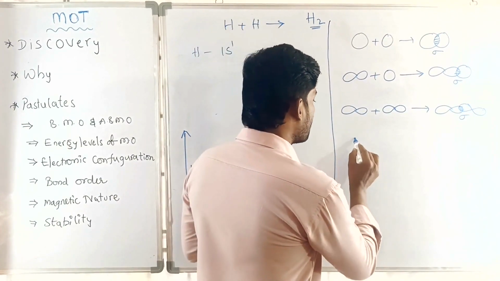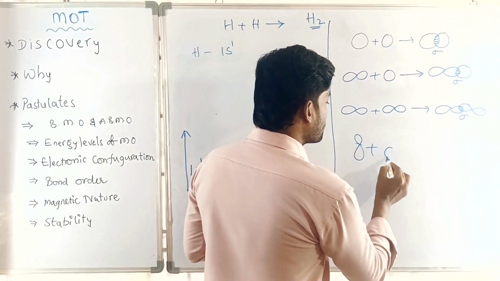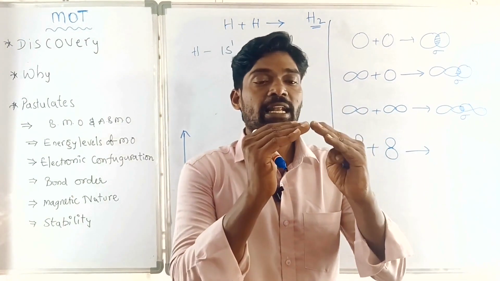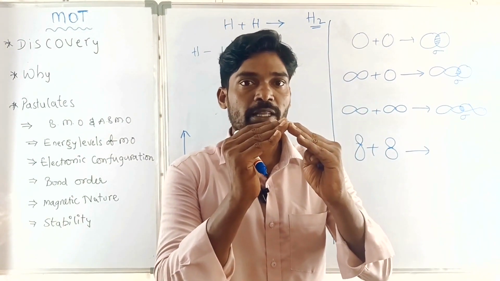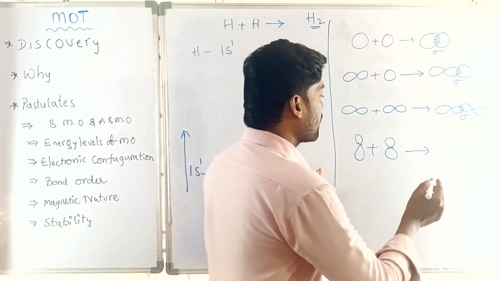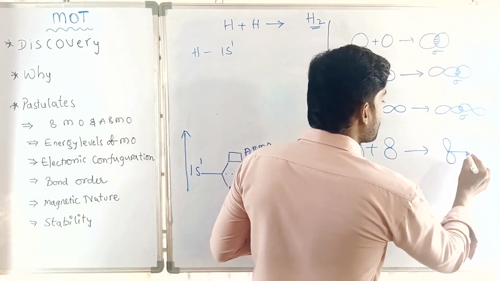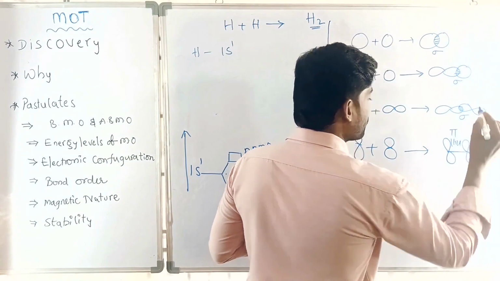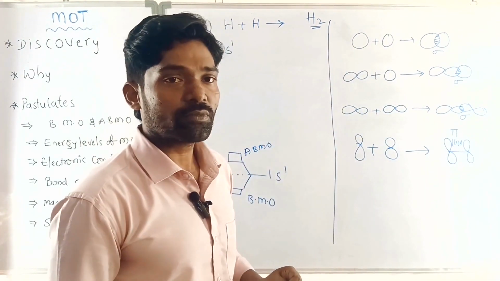If a p orbital and another p orbital overlap laterally, that bond is called a pi bond. Understand?